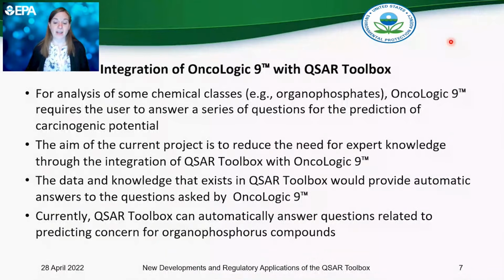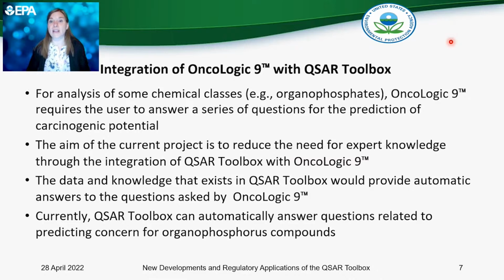As mentioned by Dr. Phillips, Oncologic 9 uses structure-activity relationships and biological input to assign a concern level for a specific compound. For some chemical classes, the biological input comes from a series of interactive questions that are asked by Oncologic that require the user to have access to experimental data and/or expert knowledge, which may hinder an accurate prediction of concern.